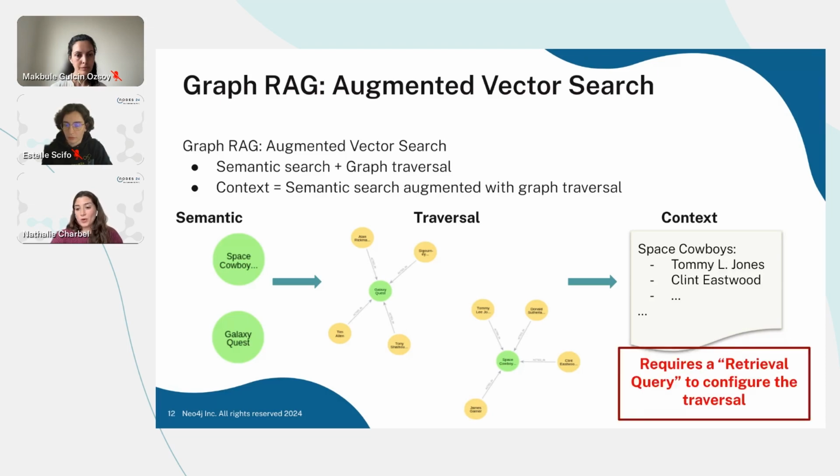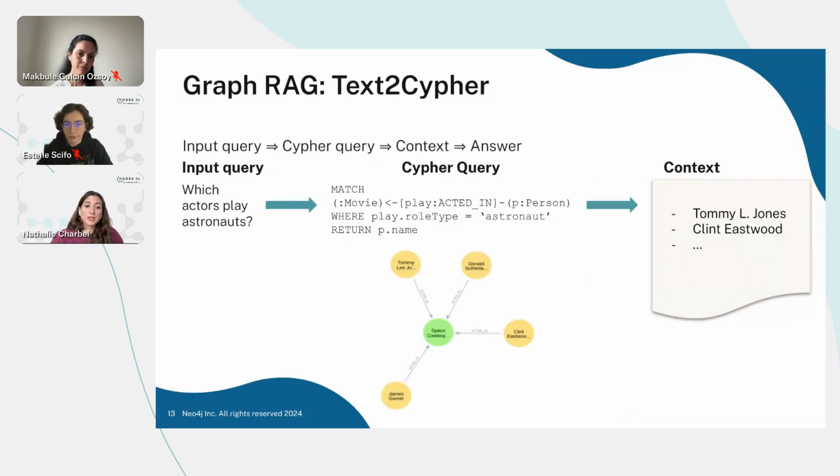But this requires, as I said, a retrieval query to be configured, which is a Cypher query. Whereas with text-to-Cypher, you don't need to configure a Cypher query, because it will automatically translate the natural language query into a Cypher query. It will be executed, and then information related to actors will be concatenated in the context.